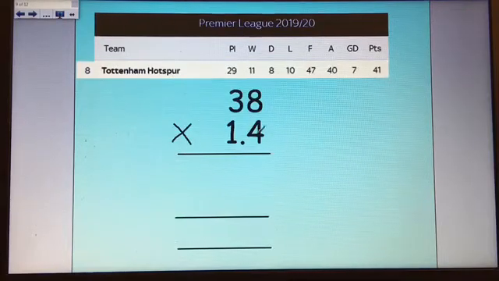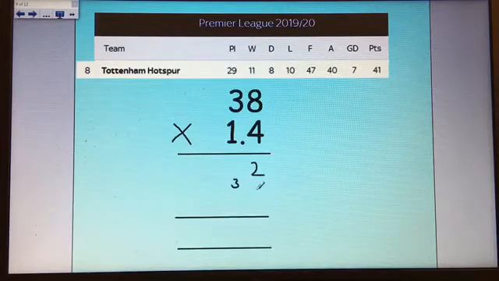So I'm going to pretend this is 14 until right at the end, and then I'm going to put my decimal point in, if you remember. That's how we multiply decimals. So 4 times 8 makes 32. Now, I say this all the time, I like to put my little number that I carry there. I know some people put it at the top, some people put it over here. It's up to you where you put it, as long as you remember to add it on.